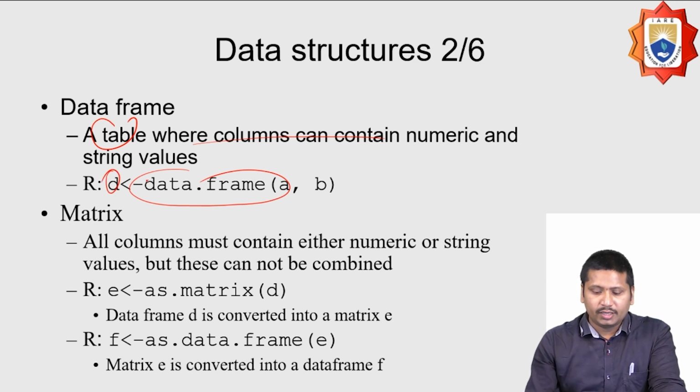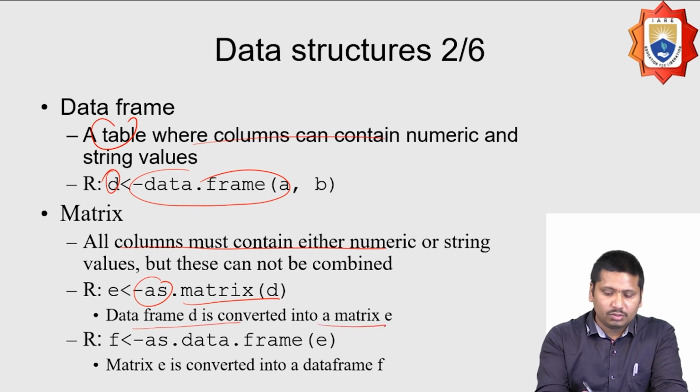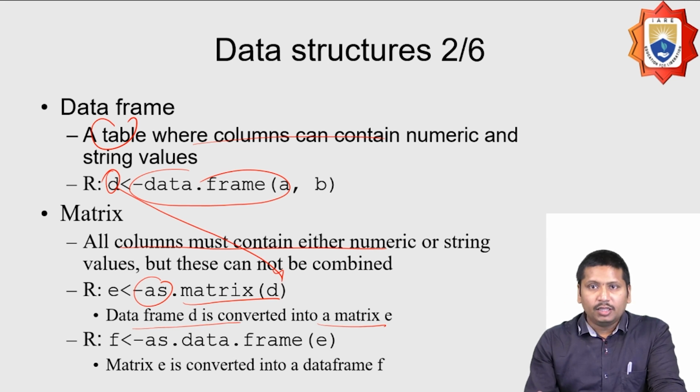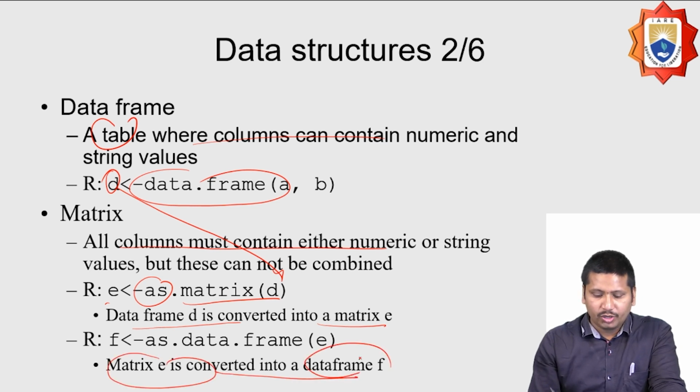And matrix: a matrix is nothing but all columns must be either numeric or string values, which cannot be combined. How can I create it? As.matrix of d, where the data frame is converted into a matrix. And another thing to consider: the matrix can further be converted back into a data frame.